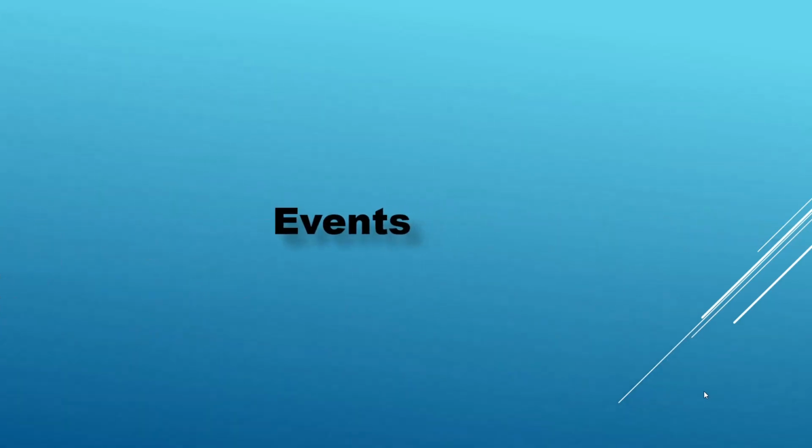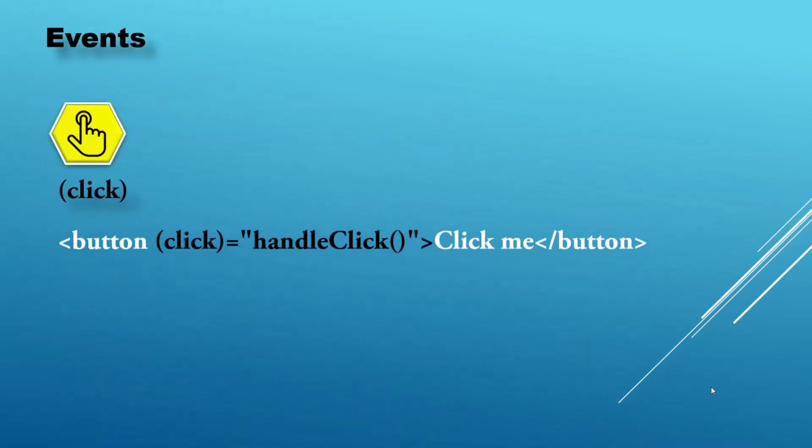Okay, so now let's see what all the events you have. This is a very important thing you need to understand. Maximum of the developers use this click event, so we'll go with that. So what is click? If you see here, it is in round brackets.